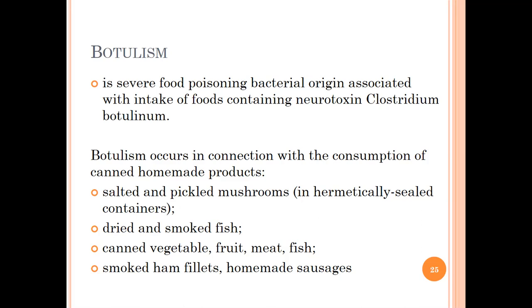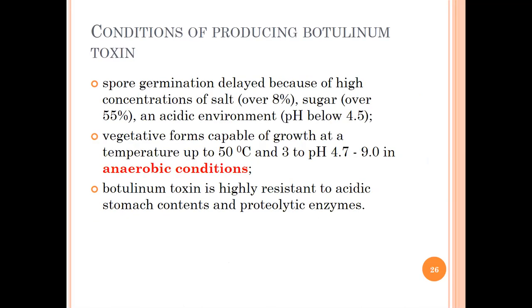And what are the conditions necessary for Clostridium botulinum to produce toxin? Spore germination is delayed by a high concentration of sodium chloride, over 8%, or a high concentration of sugar, over 55%, and by an acidic environment, pH less than 4.5.